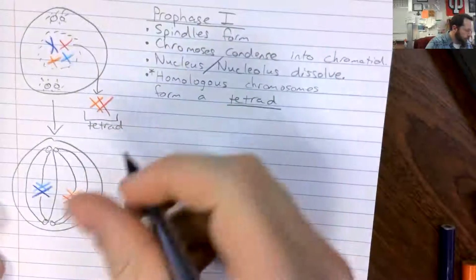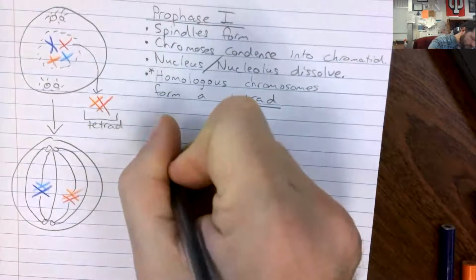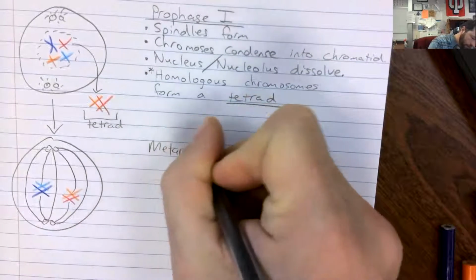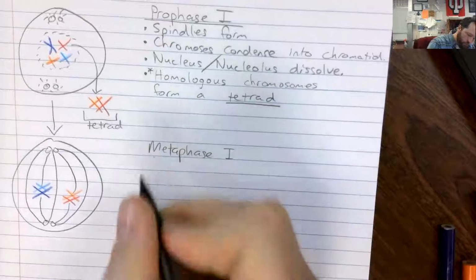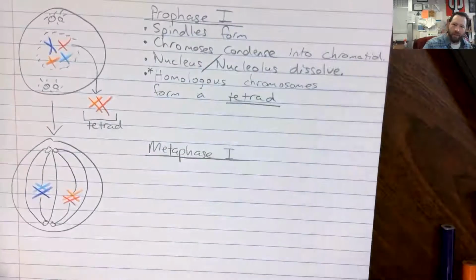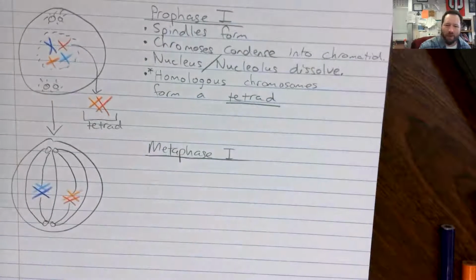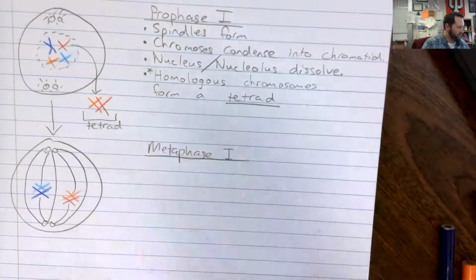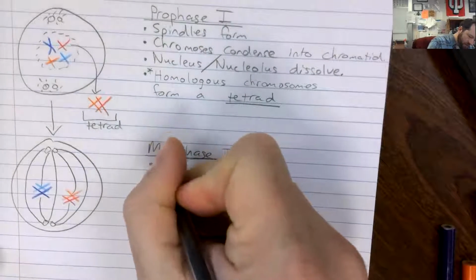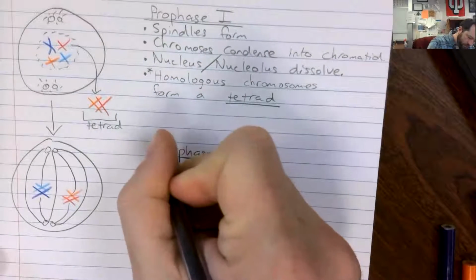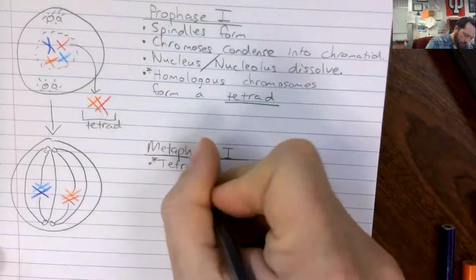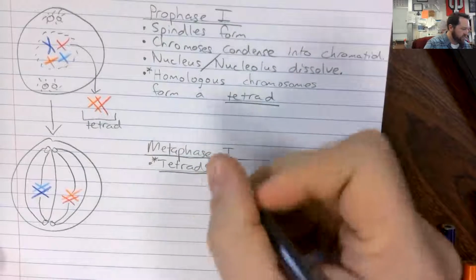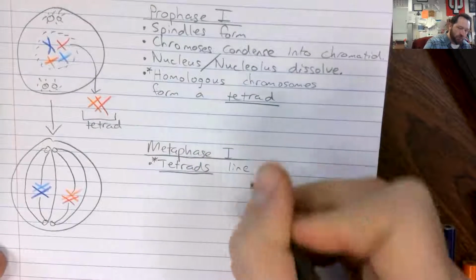So following prophase 1, you guys may have guessed, we have metaphase 1. Again, all that work you did back when we did mitosis is paying off for you now. Prophase followed by metaphase. And again, here is the big difference. Put a star next to it if you'd like. It's the tetrads, not the individual chromosomes.